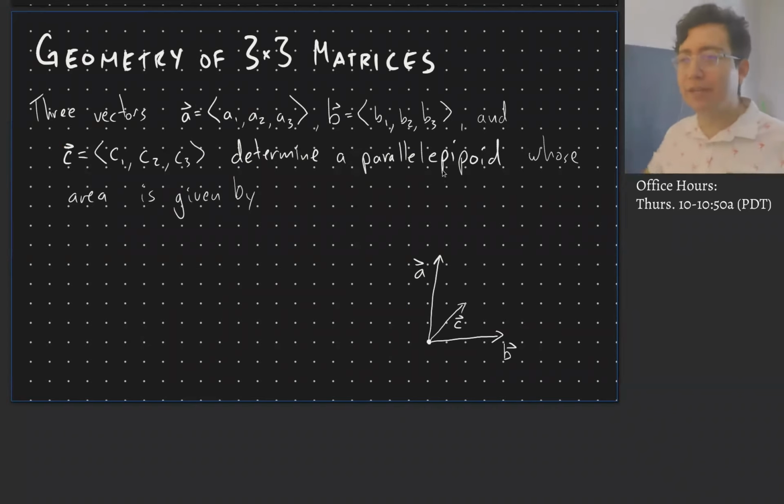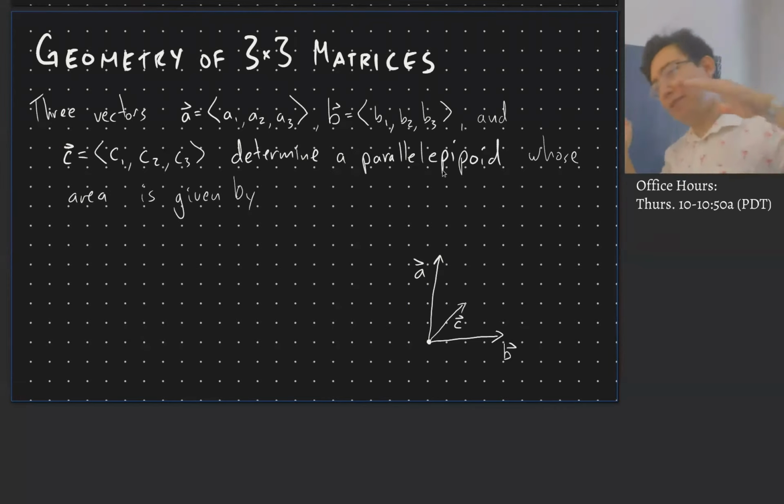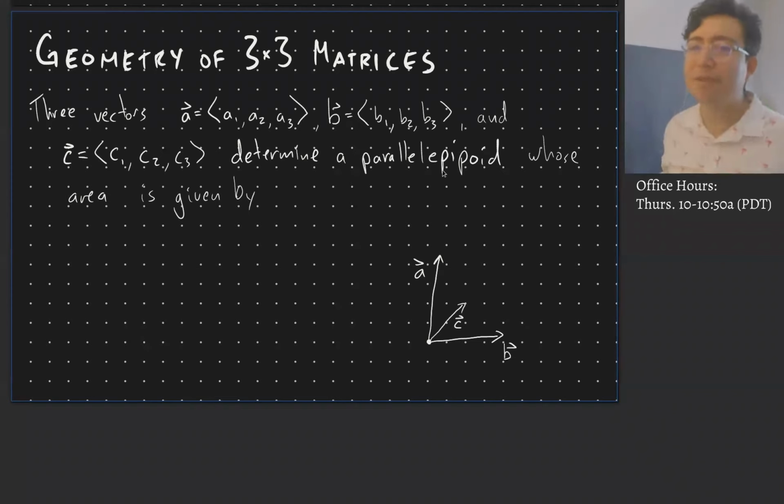You can imagine, to get a parallelogram, you take a rectangle and then you skew it, so that it's at a weird angle. You do the same thing with a rectangular prism in 3 dimensions. You skew it so that any 2 opposite sides are parallel to each other, but it's all at a weird angle, and that's what a parallelepiped is.